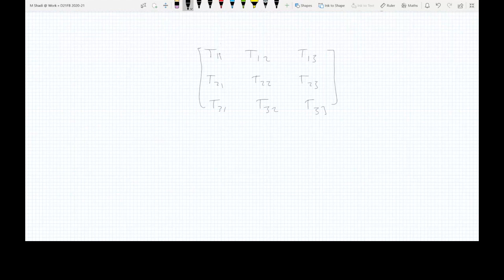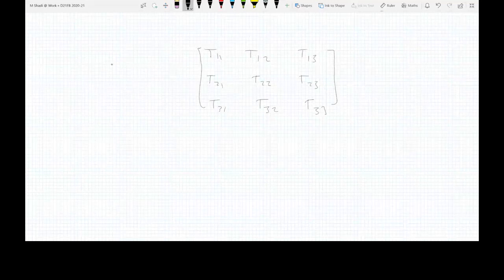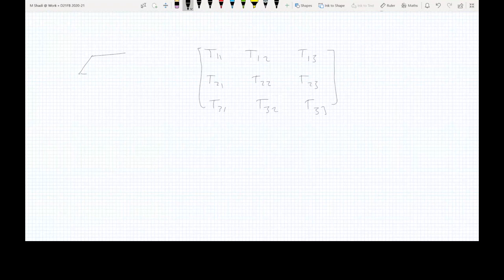And each one of these components, now this is something you have to understand in order to understand how the stress behaves. So I'll probably try to draw the cube here, or probably just use the black for that. Okay, so this is a cube.